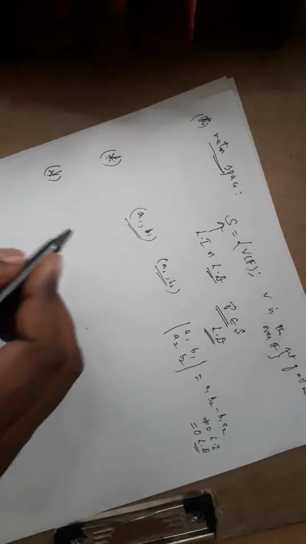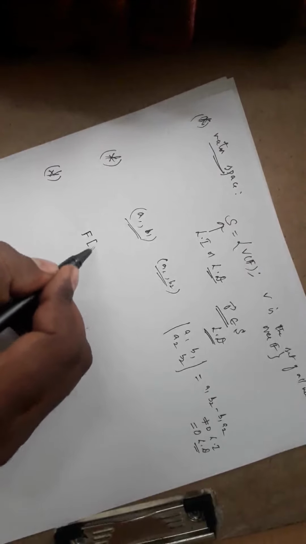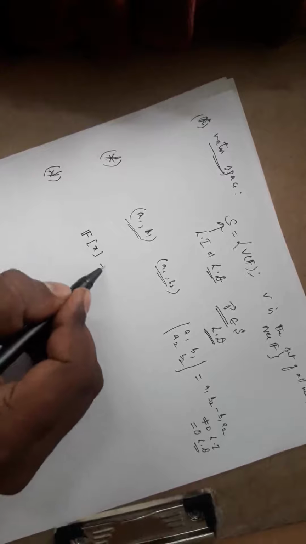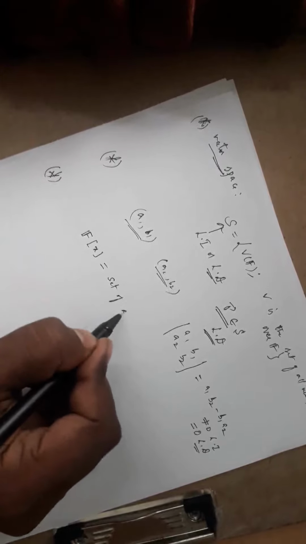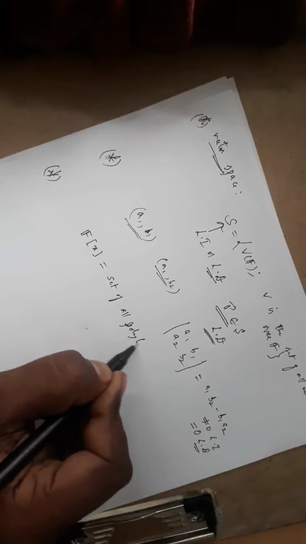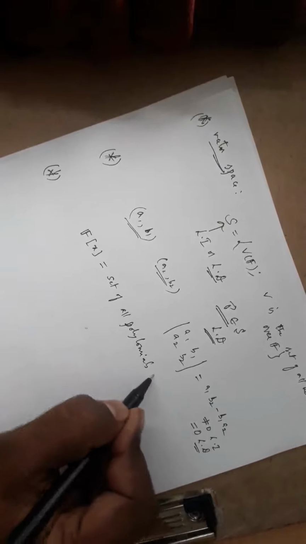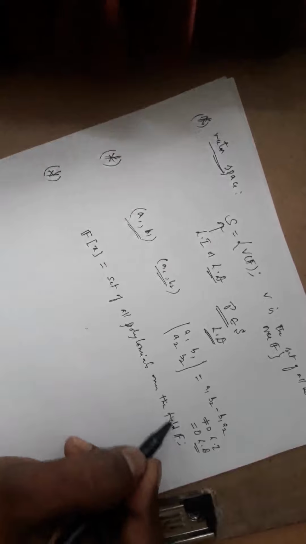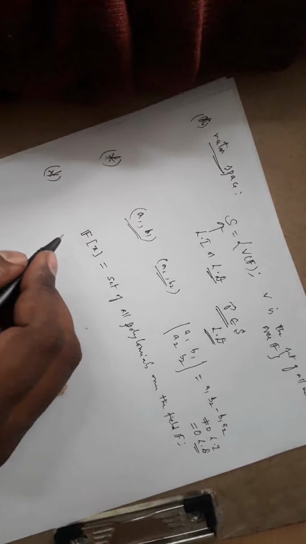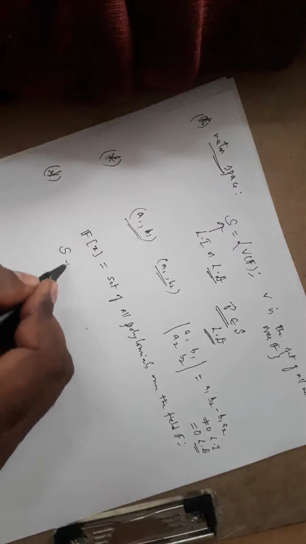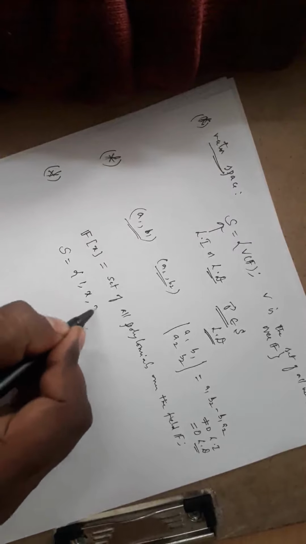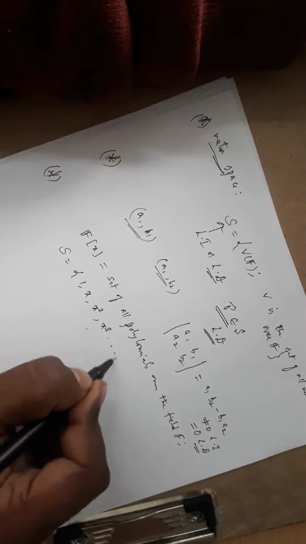Okay. Then the next thing is, consider the vector space F of x. It is nothing but the set of all polynomials over the field F. Then consider this set 1, x square, x cube.